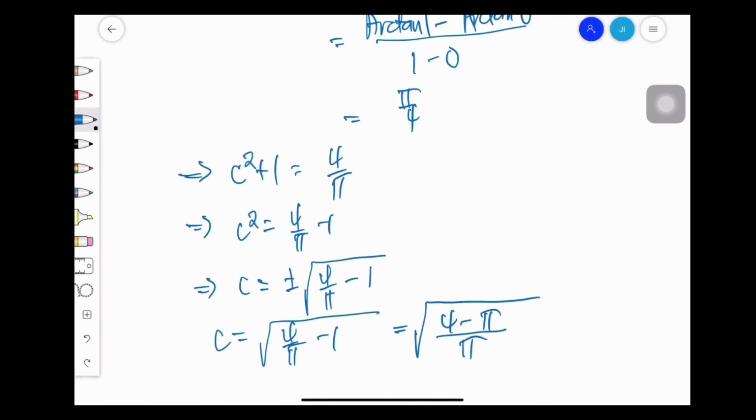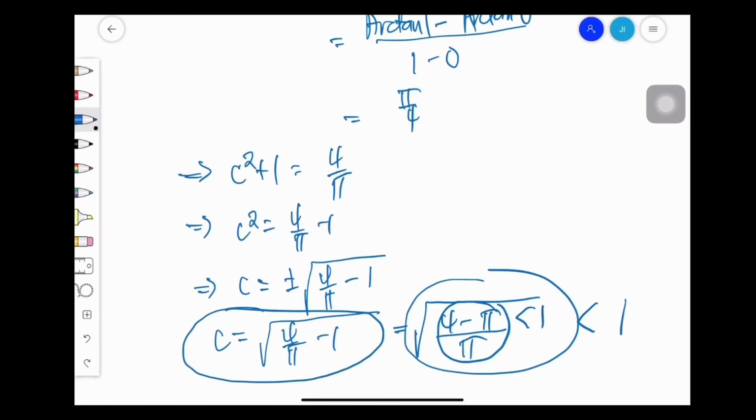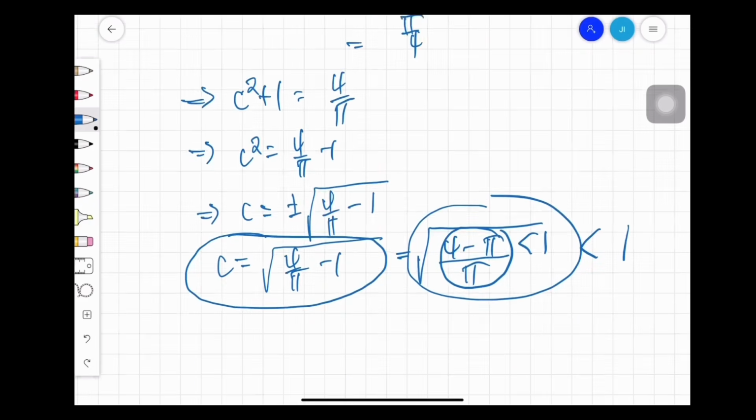Tama? Well, 4 minus pi is less than pi. Hence, this fraction is less than 1. This fraction is less than 1, then the entire radical is less than 1. Hence, this value of c here, c equals square root of 4 over pi minus 1, is in 0 to 1.